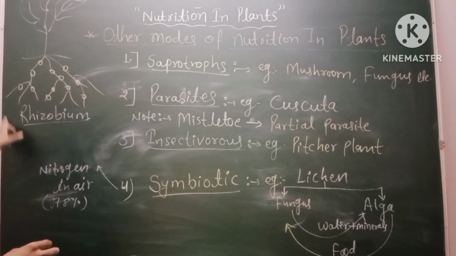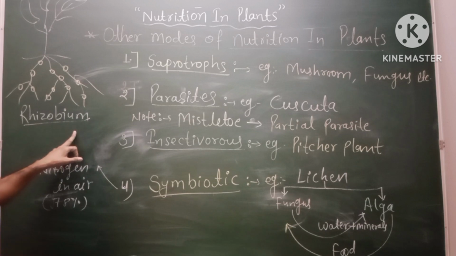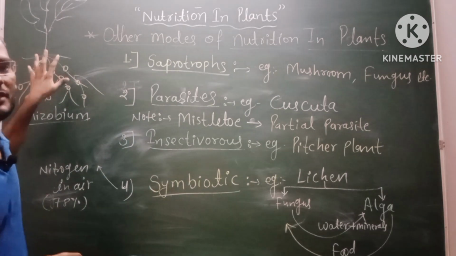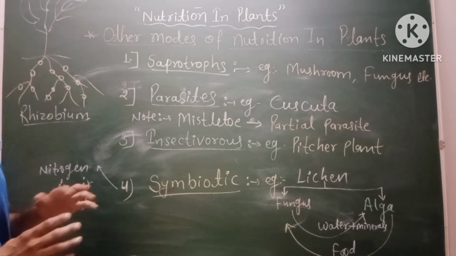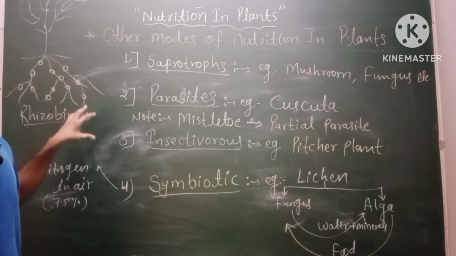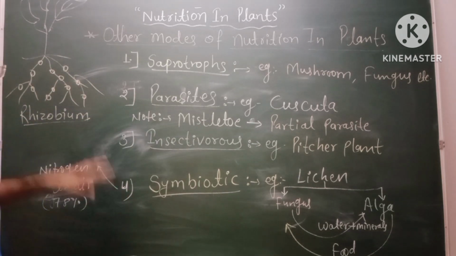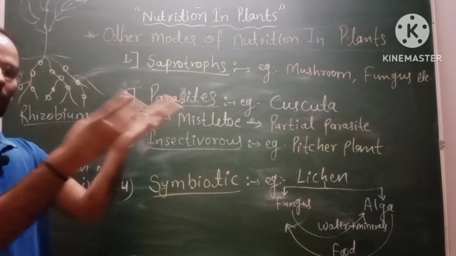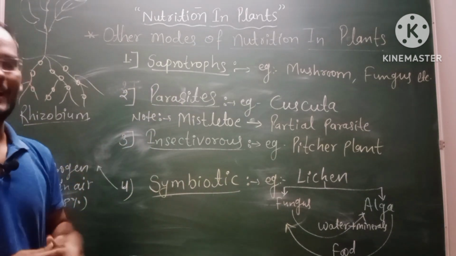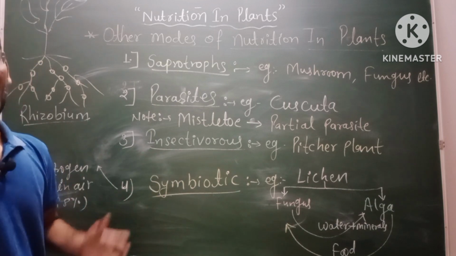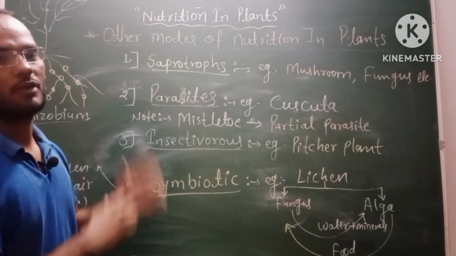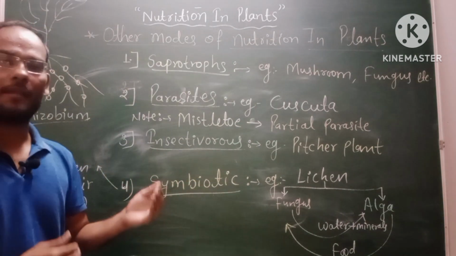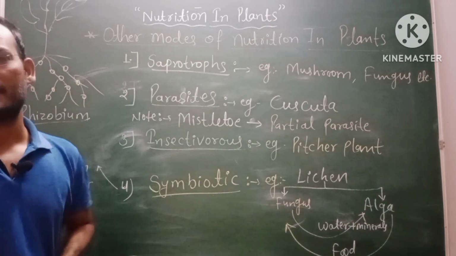For this, there is a bacterium called rhizobium, and this rhizobium lives in the root nodules of leguminous plants. Clear? It means the leguminous plant provides food and shelter to the rhizobium, and in return rhizobium absorbs nitrogen gas from the atmosphere, converts it into a usable form and makes it available for the leguminous plant, and in this way they live together and help each other in obtaining food.